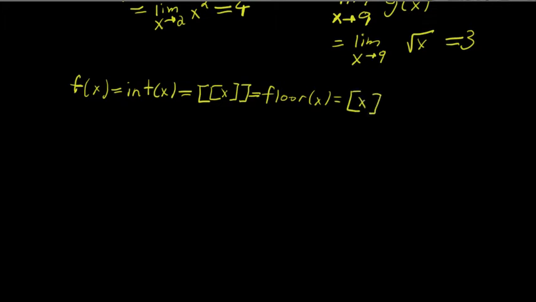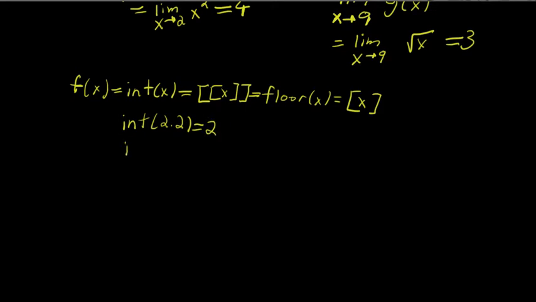And what it basically does is you input any number and the function spits out the biggest integer that's smaller than the number that you inputted. And I know that's a mouthful, but let's say you inputted 2.2, so you wanted to find the int of 2.2. So we're looking at the biggest integer that's smaller than 2.2, so that's 2.